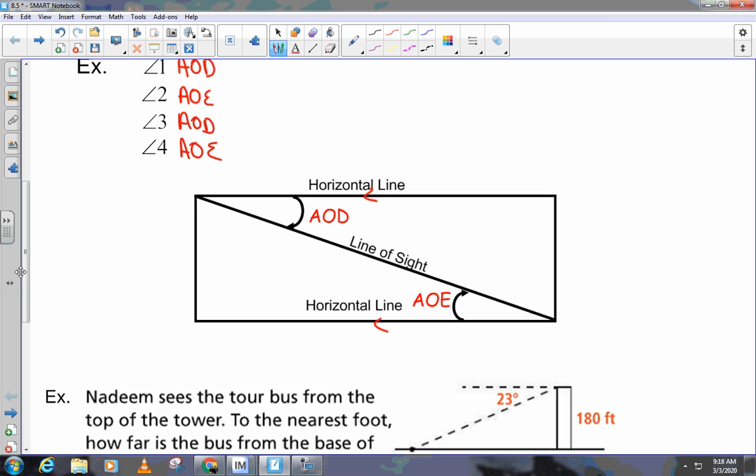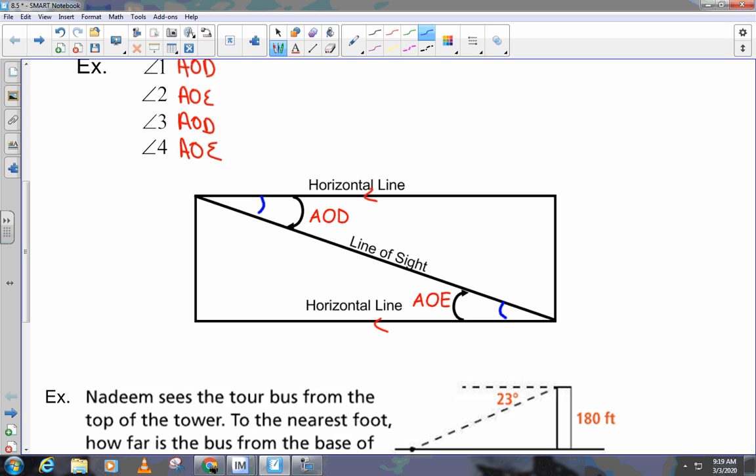What relationship are your angle of depression and your angle of elevation going to have? They're congruent, because what kind of angles are they? Alternate interior angles, right? So alternate interior angles are equal. So your angle of depression is actually also an angle of elevation. You can transfer that information from here to here.